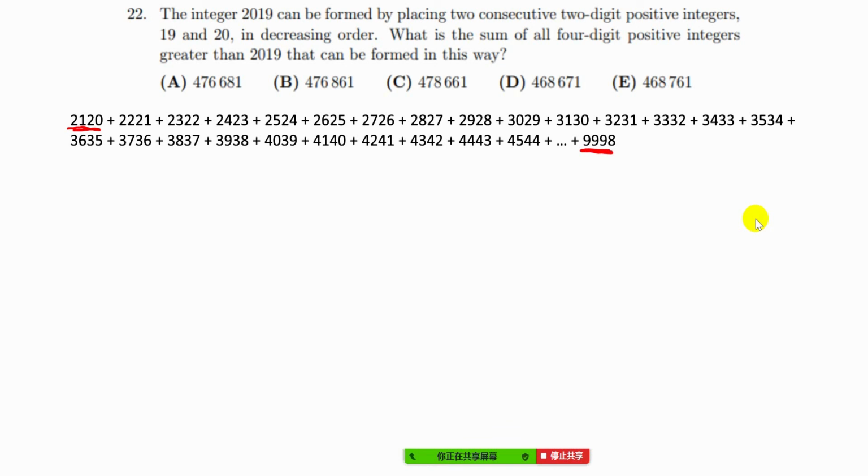And then we can notice that all of the terms in this sequence have a difference of 101, because 2120 plus 101 equals 2221, and so on.